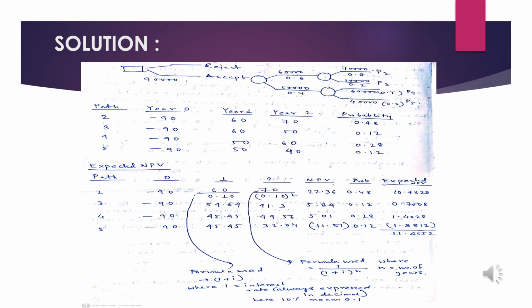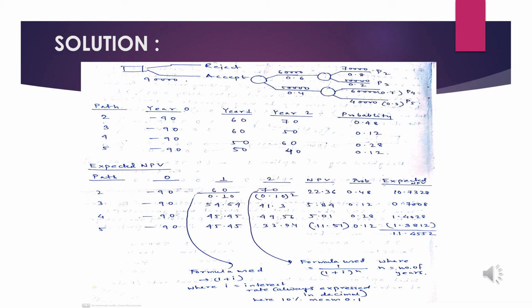Coming back to the calculation part here, since all the values are not in a similar kind of time zone, we need to calculate and bring it back to a similar kind of time zone. And what is that similar kind of time zone? Since it's a decision which needs to be taken in case of investment, all the values need to be transferred into the present worth value.